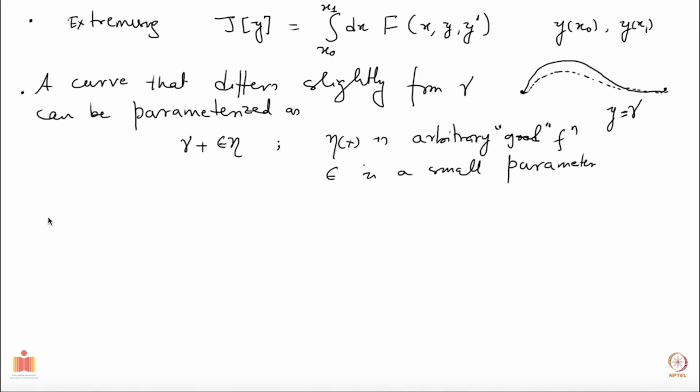And of course, because this is some different y, but I have already said that the y should not change or is fixed at the endpoint. So this is just a y, so it should not change its value at the endpoints, which means the eta at the endpoints should be 0.